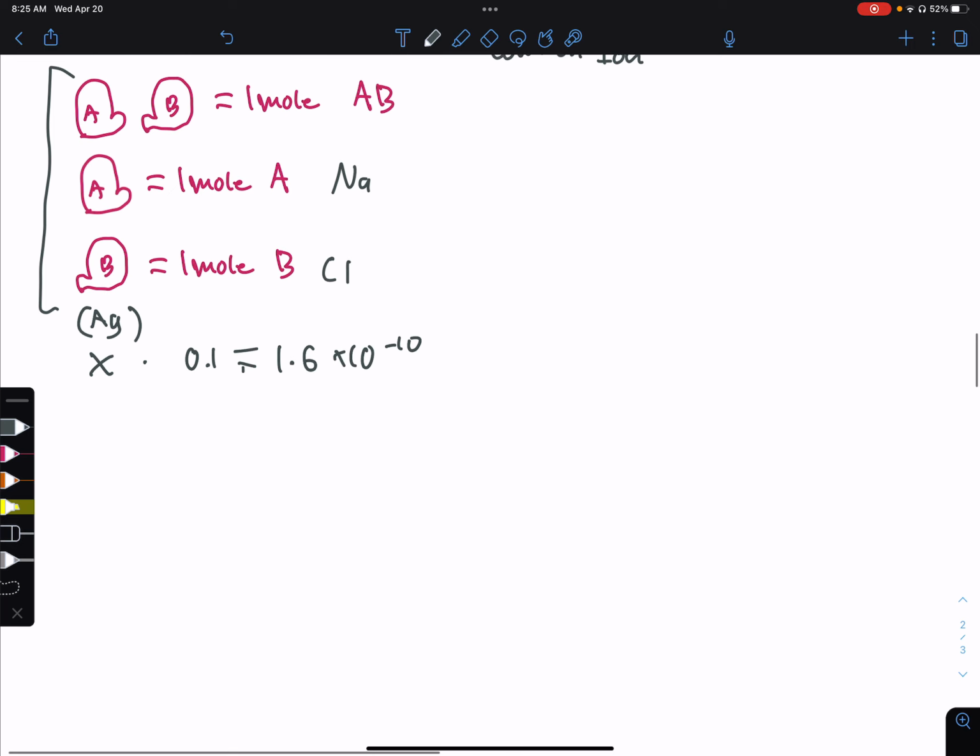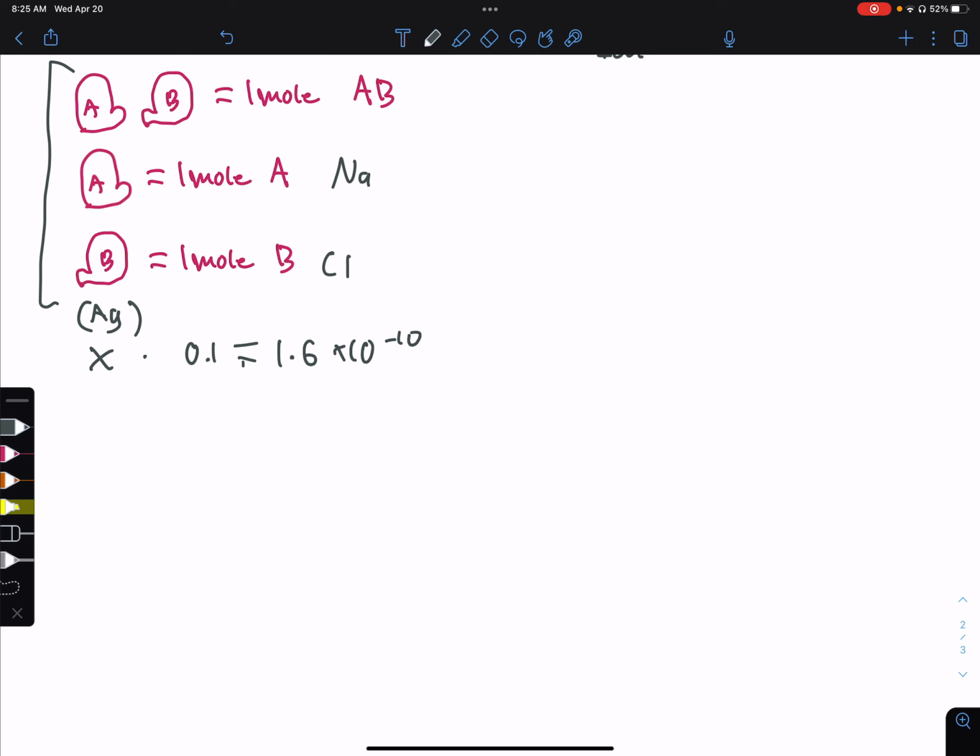When we do this math, we find that x is equal to 1.6 times 10 to the negative 10 over 0.1. And this just simplifies to 1.6 times 10 to the negative 9.